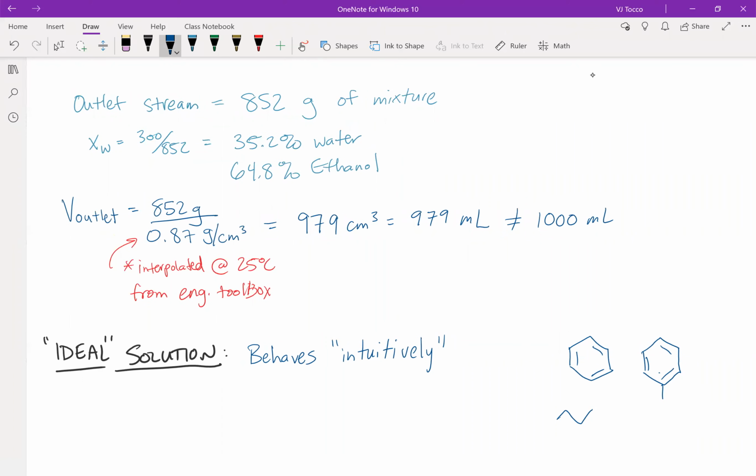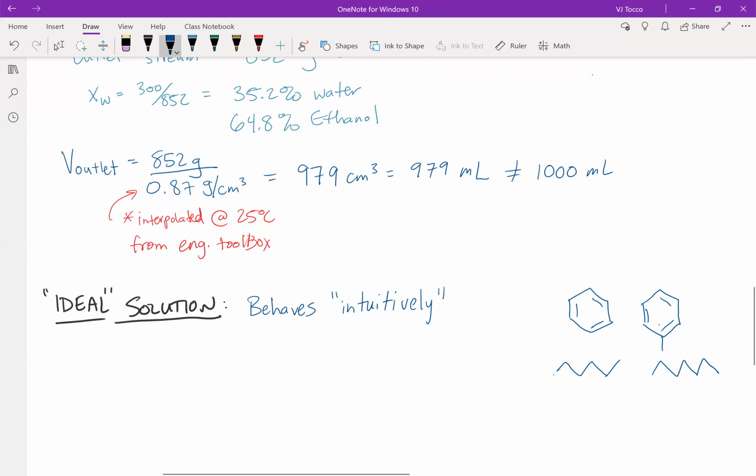So hexane has 1, 2, 3, 4, 5, 6 carbons, and heptane has one more. So comparing these two, the molecular structures look about the same. If you were to mix these two things together, it's really not that different from adding hexane to hexane or benzene to benzene, because of the way their molecular structures are so similar.